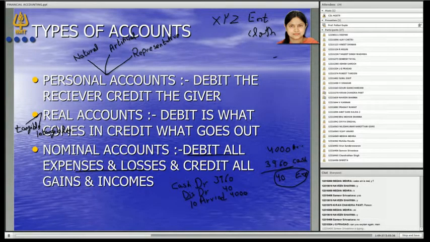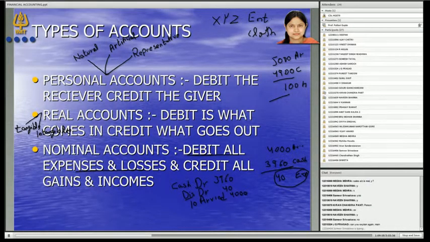So you are supposed to pay 5,000 to Amrit, right? But you said I will pay only 4,900 in full settlement. So 100 you have not paid. This is the cash payment you have made, and this is the gain you are having.